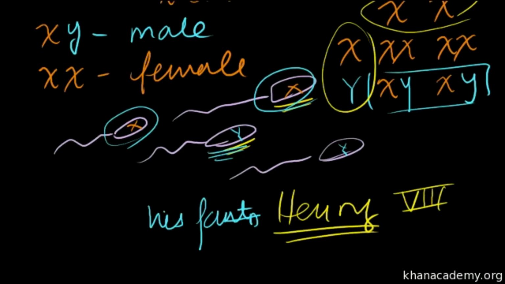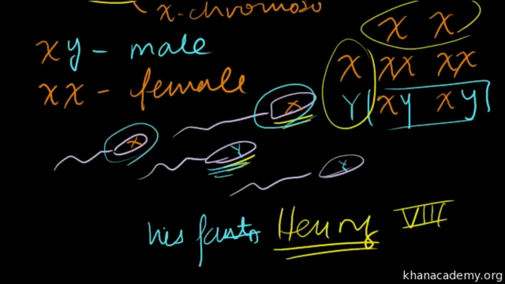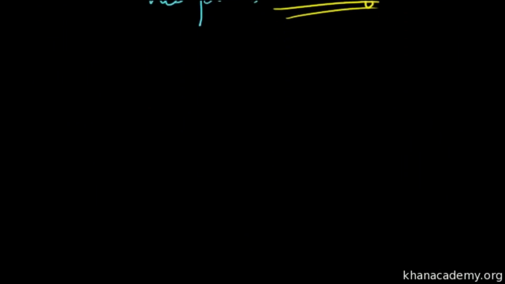Now, one question that might immediately pop up in your head is, Sal, is everything on these chromosomes related to sex-determining traits, or is there other stuff on them? Let me draw some chromosomes. Let's say that's an X chromosome, and this is a Y chromosome. The X chromosome does code for a lot more things, although it is famously gene poor.